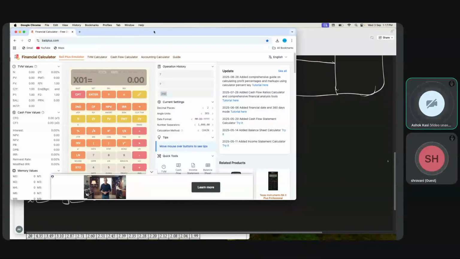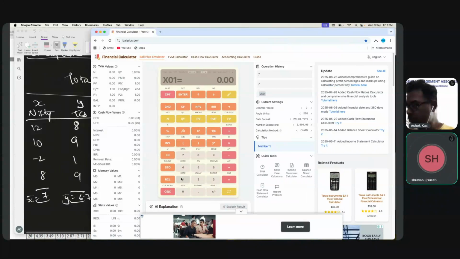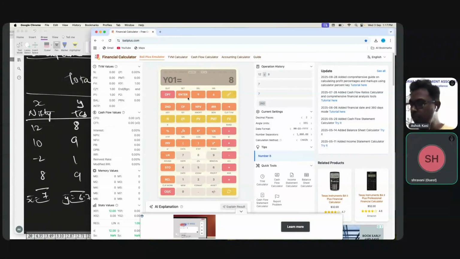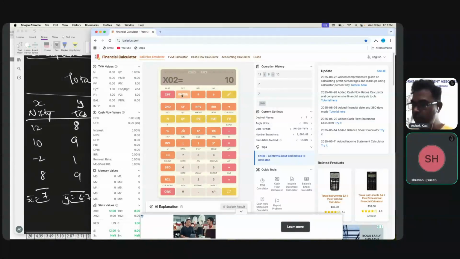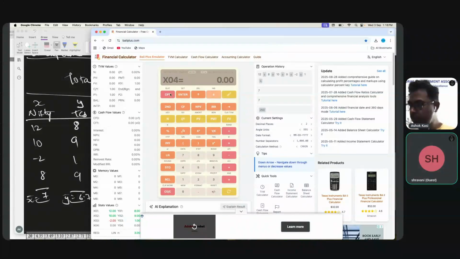Then x variable is 12, enter, downward arrow, y variable is 8, enter, downward arrow, x2 is 10, enter, y2 is 9, enter, then x3 is minus 2, enter, and then y3 is 1, enter, x4 is 8, enter, y4 is 9, enter.